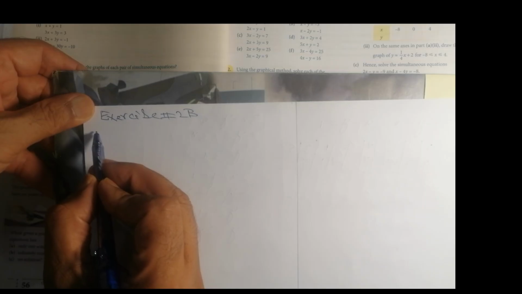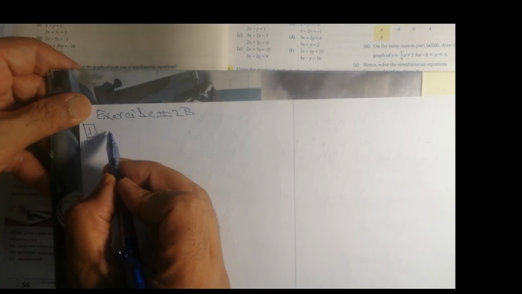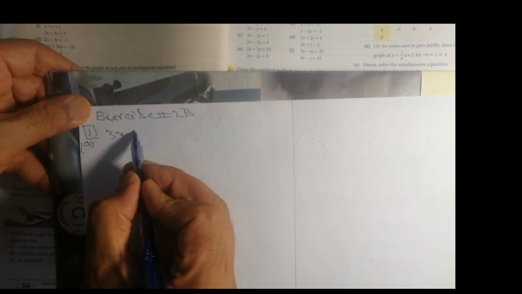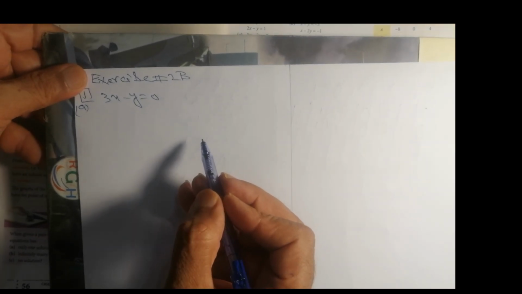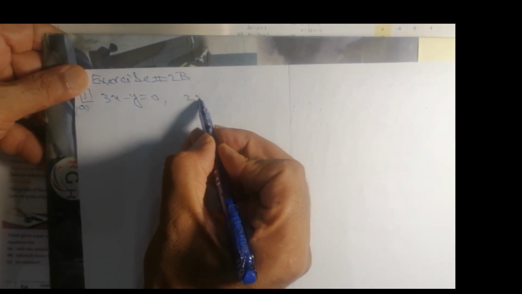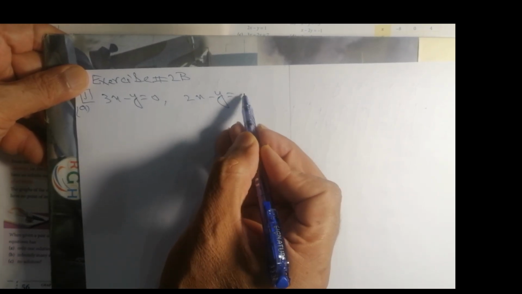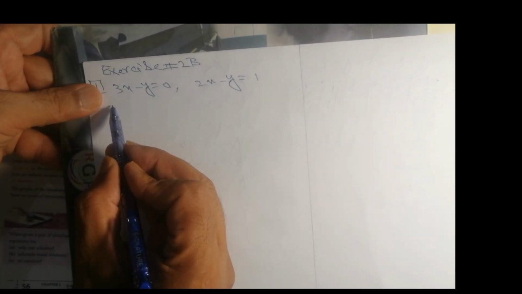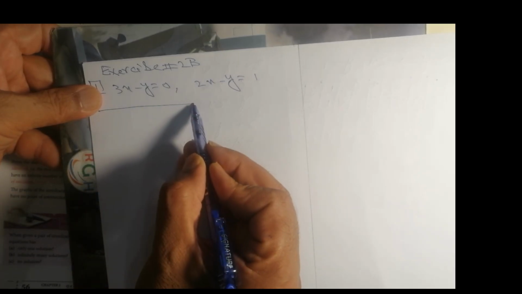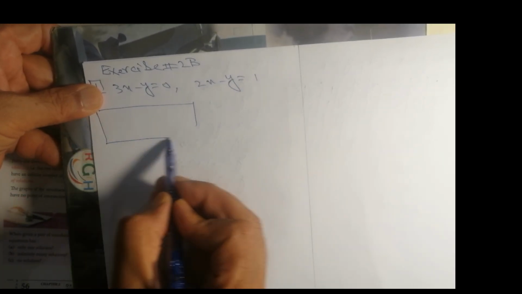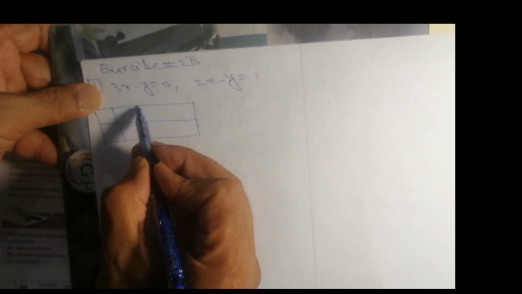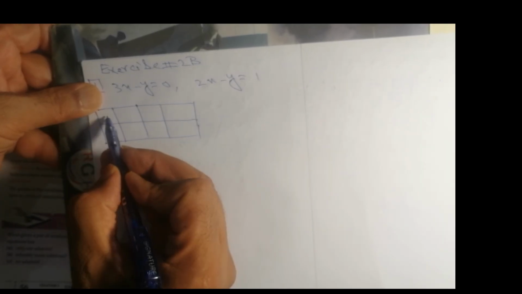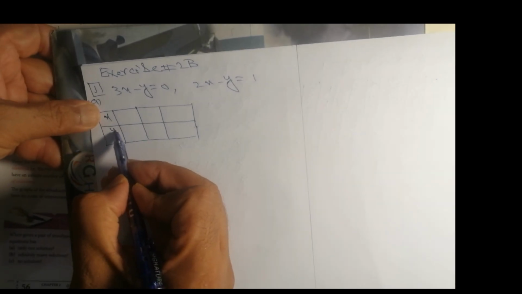Part A of question number 1: 3x minus y equal to 0, and the other equation is 2x minus y equal to 1. So we need to draw a table, x and y.